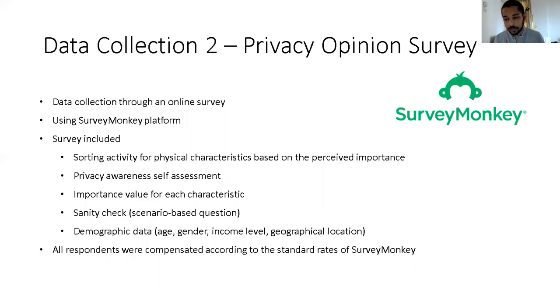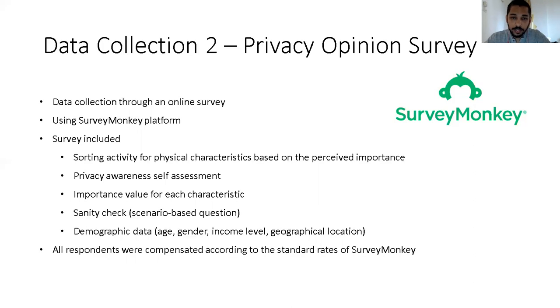For their perception, what do they feel like they value most? Is it age? Is it height? We'll be using this to later come up with a singular privacy index value, which we will use to determine which sensor locations are better suited for privacy preservation. This data collection is an online survey done through SurveyMonkey.